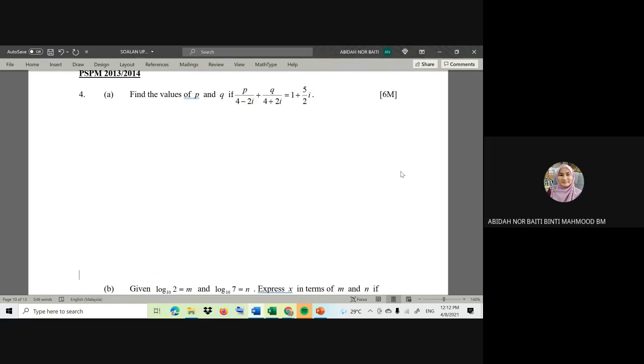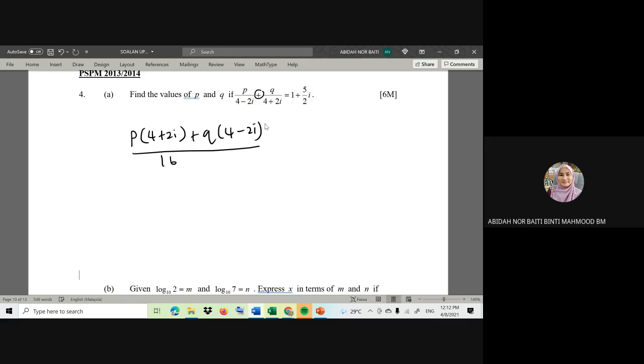Number 4, this is addition of fraction with different denominators, right? Okay, addition of fraction with different denominators. So you have to equalize denominators. Okay, samakan penyebut. So saya terus samakan sajalah ya. And expand your denominators.